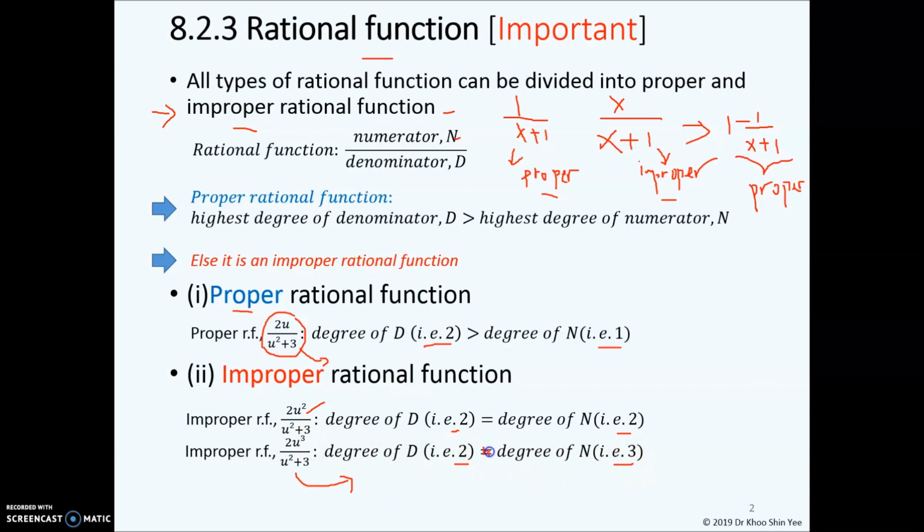There's a typo here, it should be 2 is less than 3. So in this case, it will be an improper rational function because we can further factor this. You can see that the proper rational function cannot be reduced further, and the improper rational function we can further reduce to the proper type.